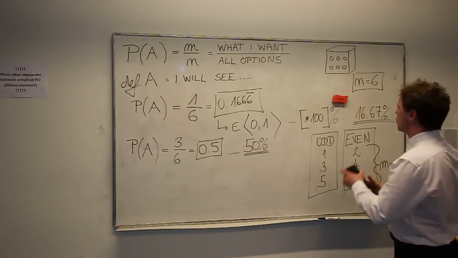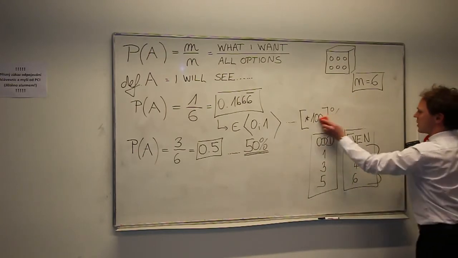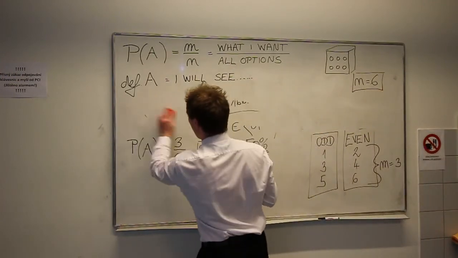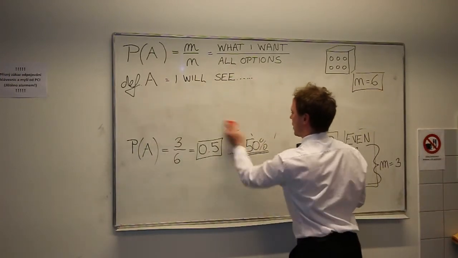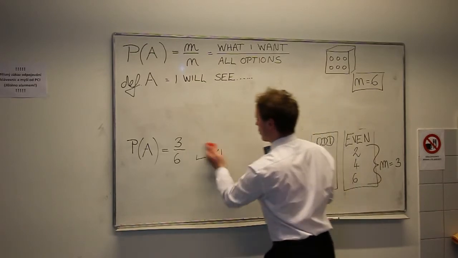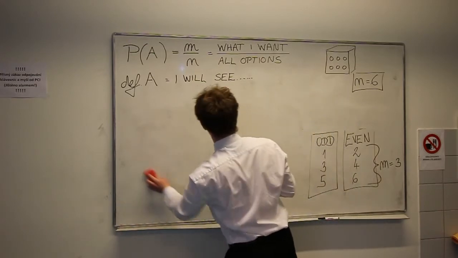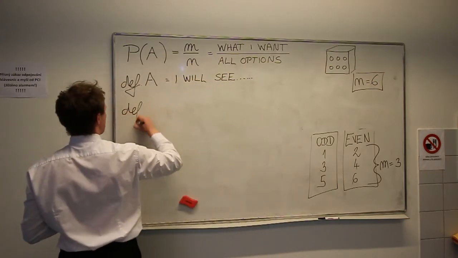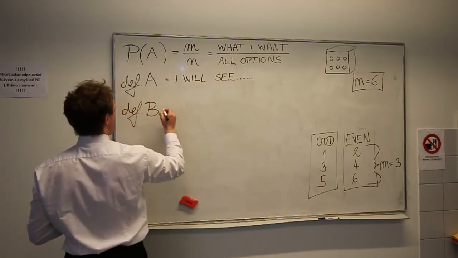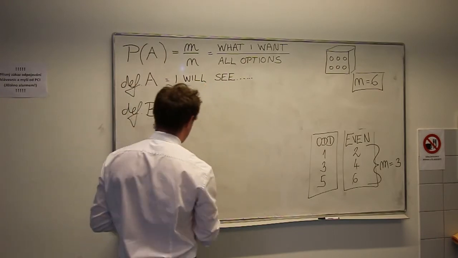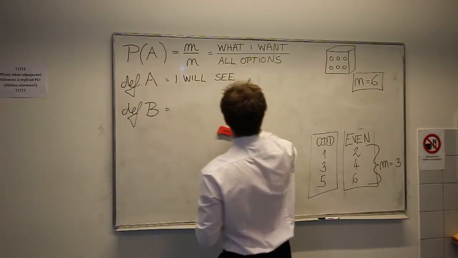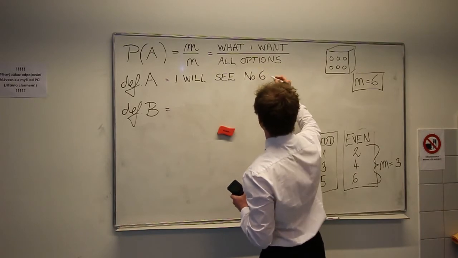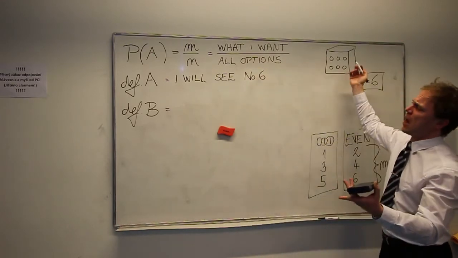It will be good to delete everything from this whiteboard, because we will define random event A and random event B. Definition A: I will see number 6 in the first attempt.